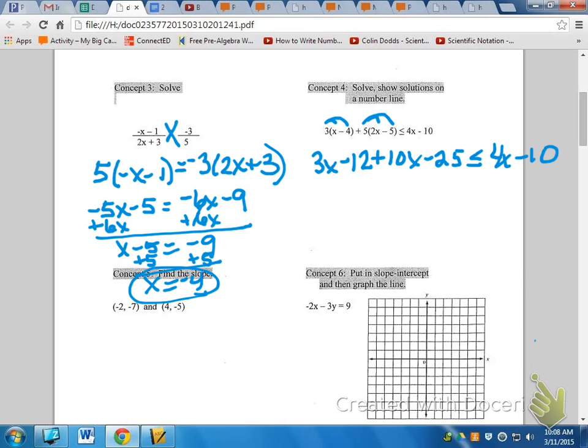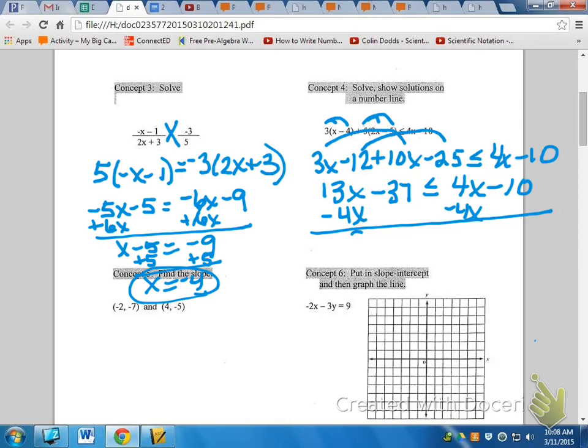On the left-hand side, I have like terms of 3x and 10x for 13x. And I also have negative 12 and negative 25, which would be negative 37. This would be less than or equal to 4x minus 10. I've got to bring my x's together. So I'm going to subtract 4x from each side.